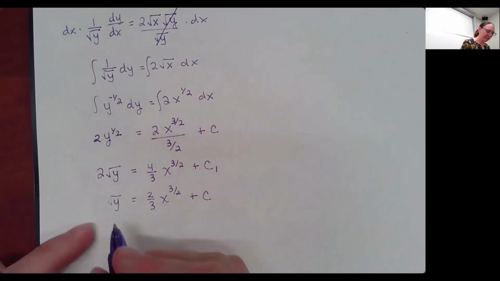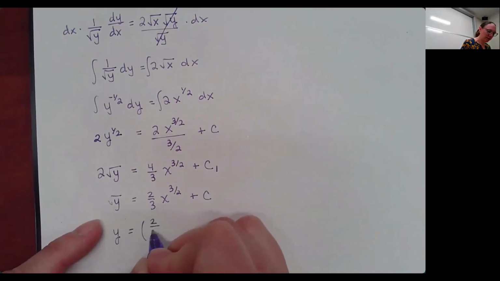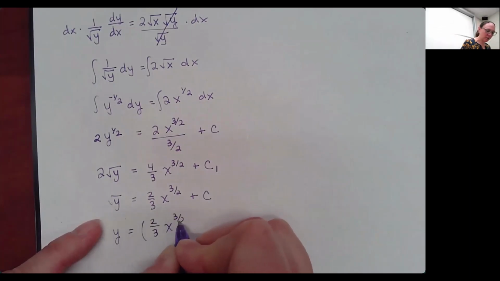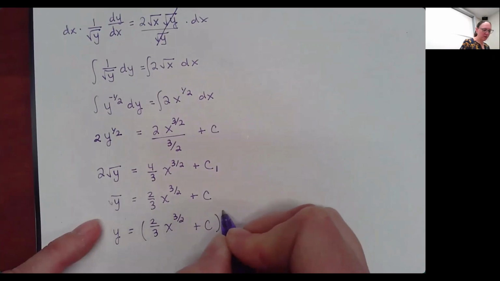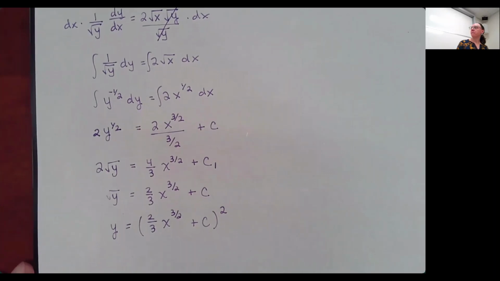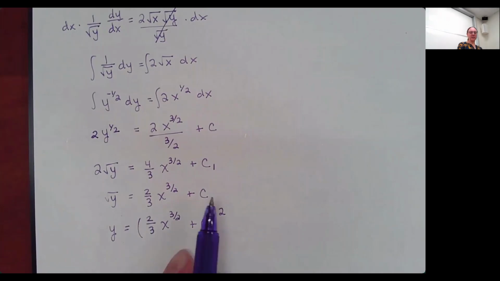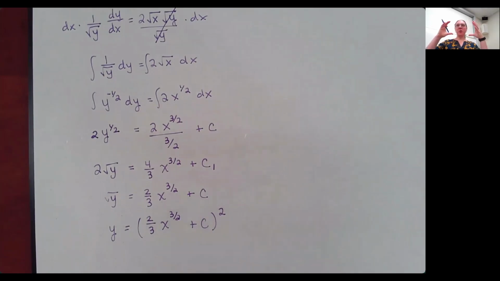And then to get y by itself, I'm going to square both sides and have 2/3 x to the 3/2 plus c, squared. Can we square only the 2/3 x to the 3/2? No, we can't, because of that plus c, I have to be squaring the entire side.